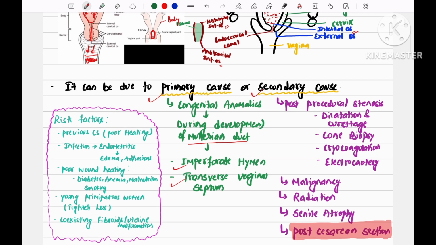Now the secondary cause. In the secondary cause, it can occur due to post-procedural stenosis. What happens in that?